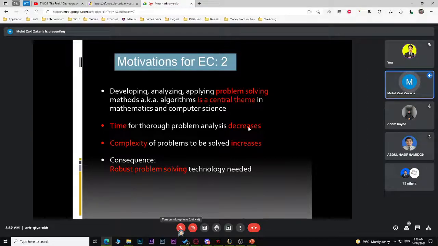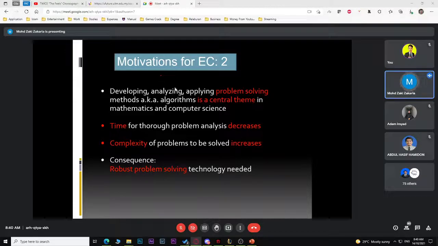Okay, developing, analyzing, applying problem solving method. For example, we have many problems. For example, a problem like determining... never mind.